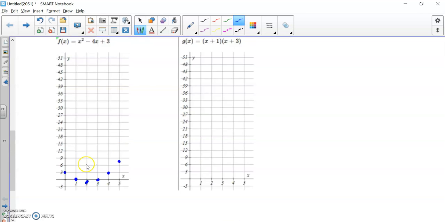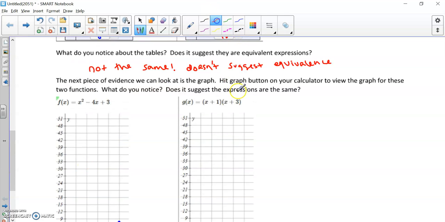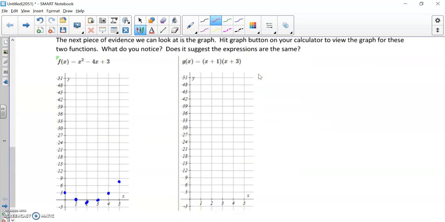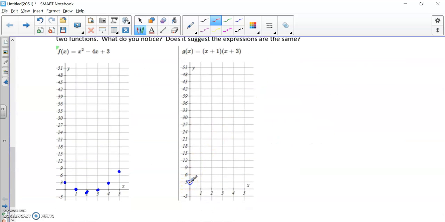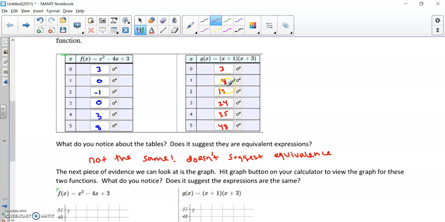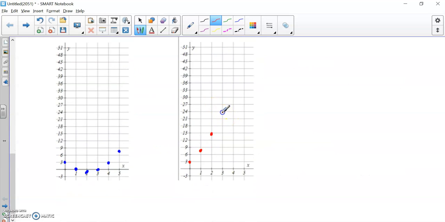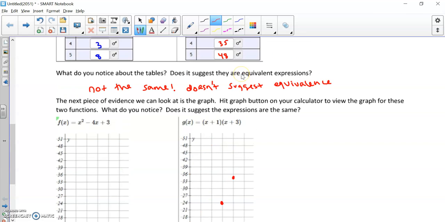So I've graphed those, so now let's graph the next table. We have 0, 3, 1, 8, 2, 15, 3, 24, 4, 35, and 5, 48.